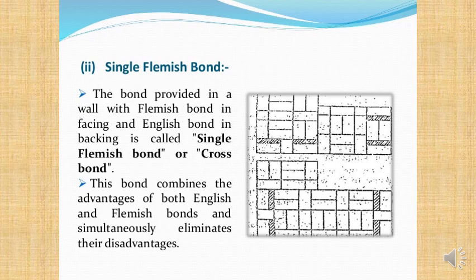And so with a single Flemish bond, or cross bond is another term used, you've got a lot of the advantages of an English bond, namely that it's quite strong, not quite as strong as the English bond, but it's also a lot easier to make. So I have to say Flemish bonds are a lot more common than English bonds these days.